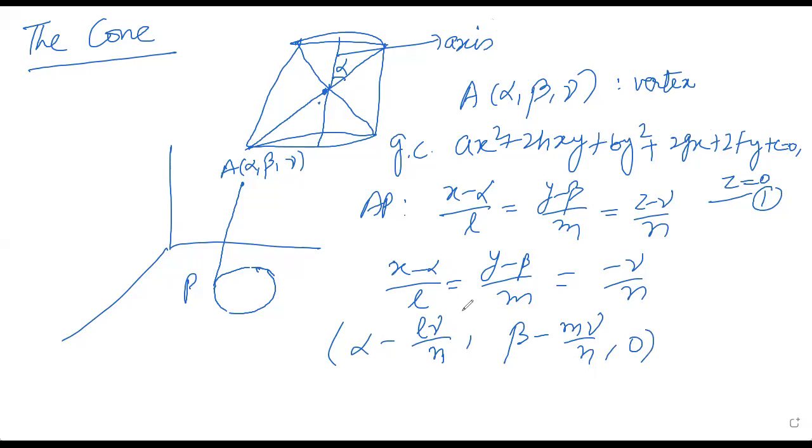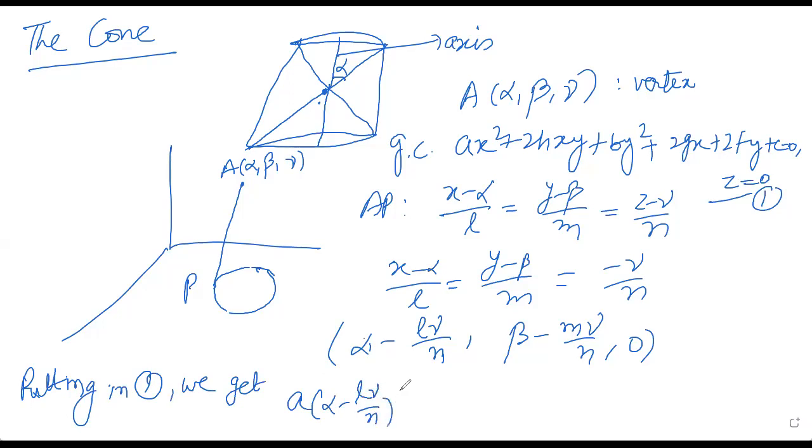So we will get the condition of the equation. Now putting this point in the conic 1, we get: x will become alpha minus l gamma by n.